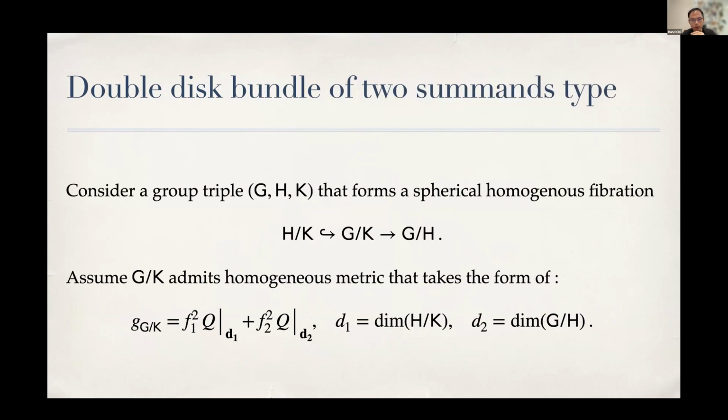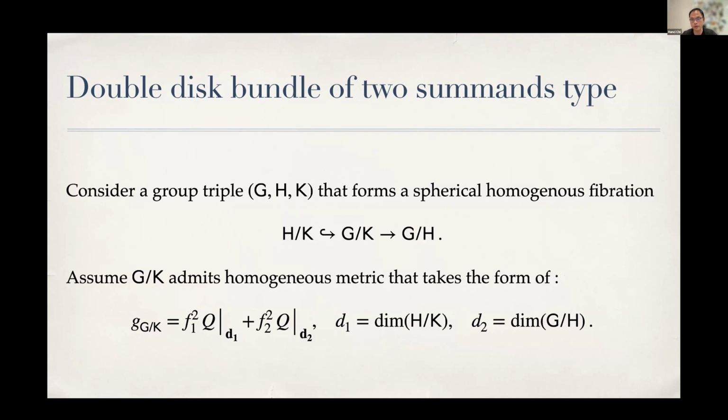So in general, if you have a group triple, we can generalize this idea to many other principal orbits. If you have a homogeneous fibration where G/K is a homogeneous sphere, and furthermore, if you can control the principal orbit using two factors, f1 and f2, then you can write down the general cohomogeneity one Einstein equation with respect to this particular principal orbit.